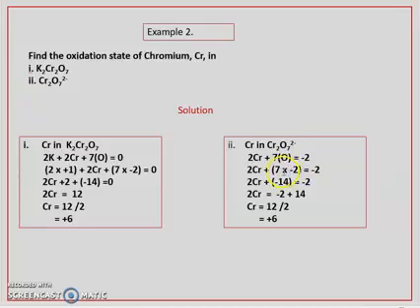So we have 7 times minus 2. So 2 chromium plus minus 14 will give you minus 2. So this will give you 2 chromium equals minus 2 plus 14. Chromium equals 12 over 2, which will give you plus 6. So the oxidation state of chromium here is still plus 6, even though this is an ion and this is a neutral compound. I hope you understand.